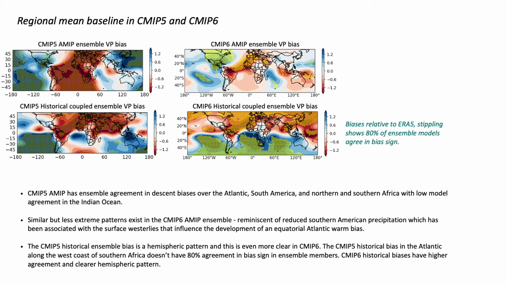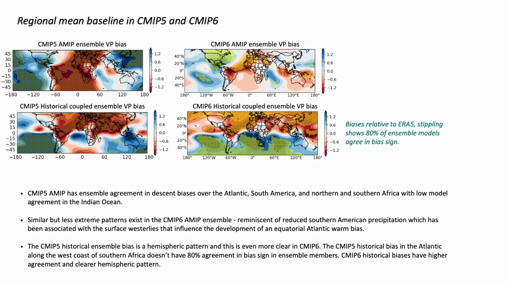And this pattern persists into CMIP6, although the descent anomalies over the Atlantic are much more localized and reduced.